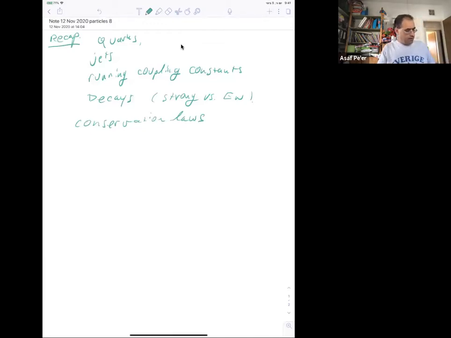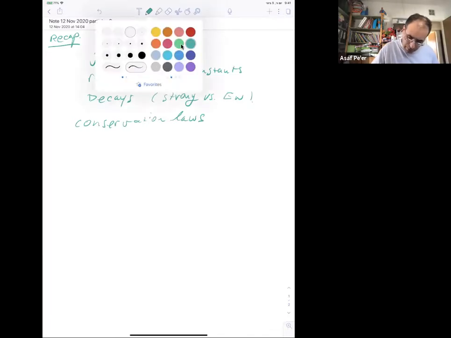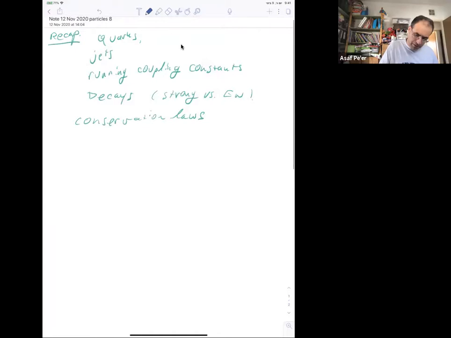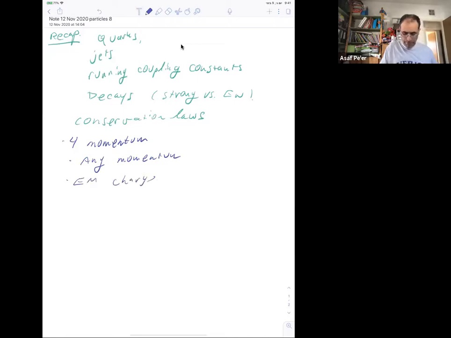So I said that there are plenty of conservation laws that occur in each interaction. Let me go briefly over the conservation laws. We said there is four-momentum, angular momentum, electromagnetic charge. All of this happens at every vertex, right?